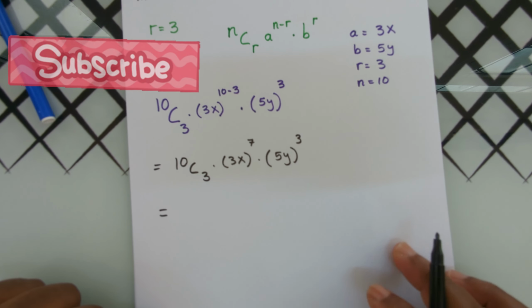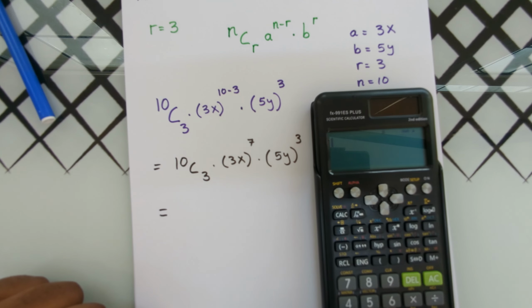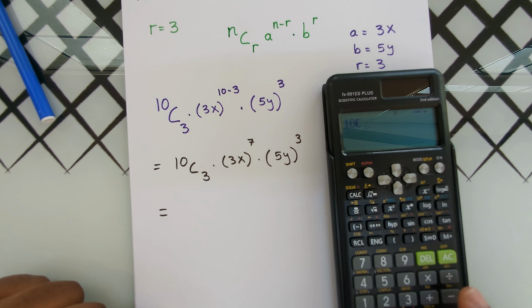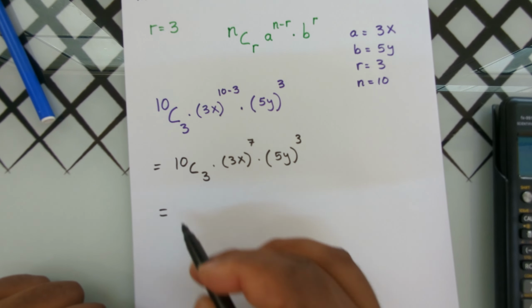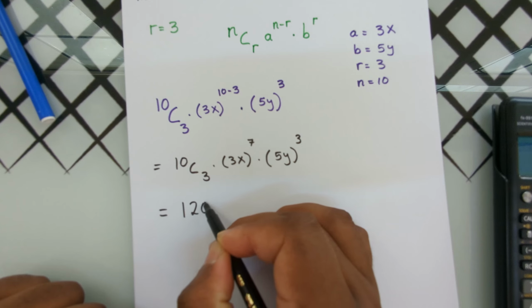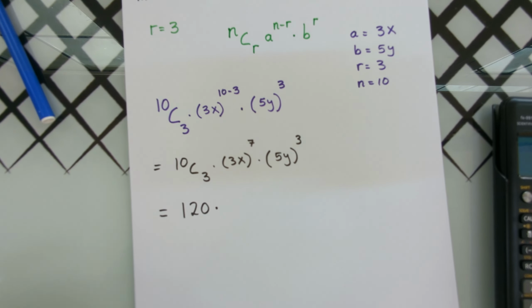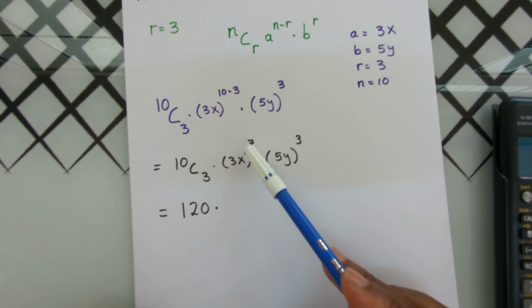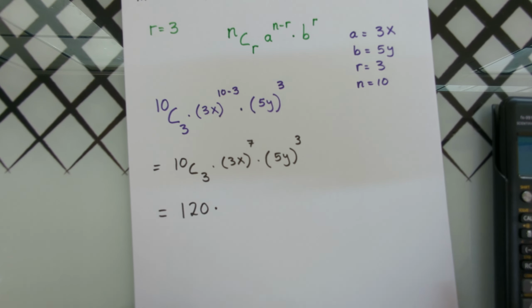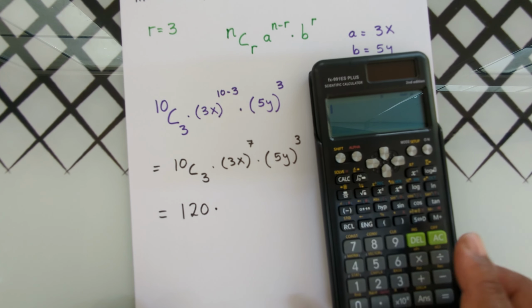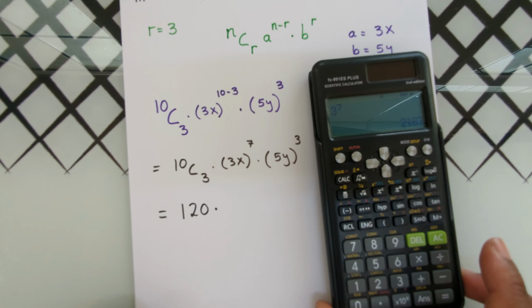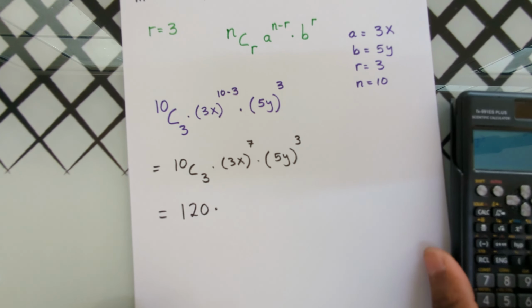And let's take our calculator and find the value of 10 choose 3. So shift, division sign, 3. 10 choose 3, that's 120. So we have 120 being multiplied by 3 to the power of 7 and x to the power of 7. So what's 3 to the power of 7? 3 to the power of 7 gives us 2187.